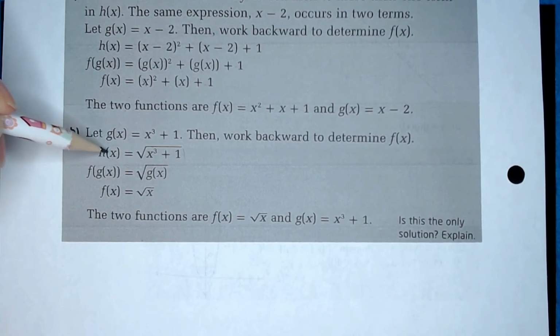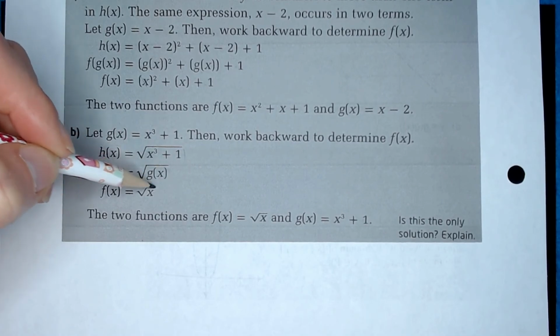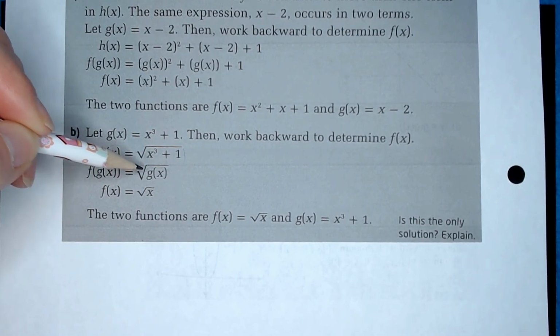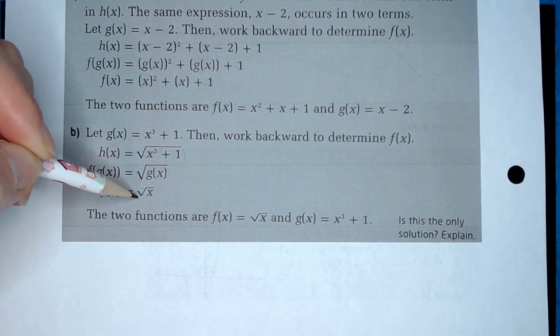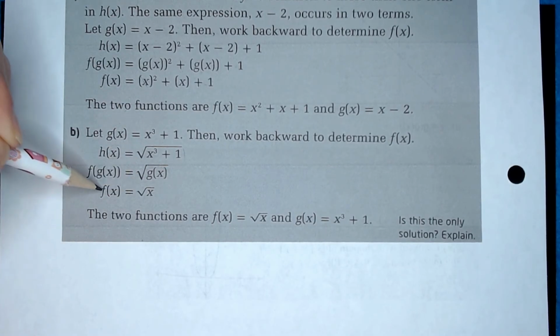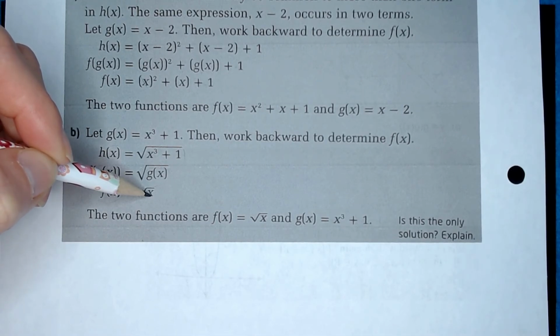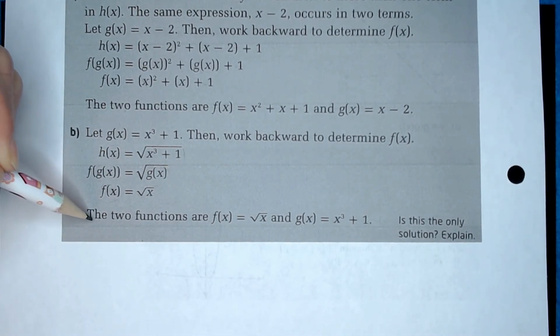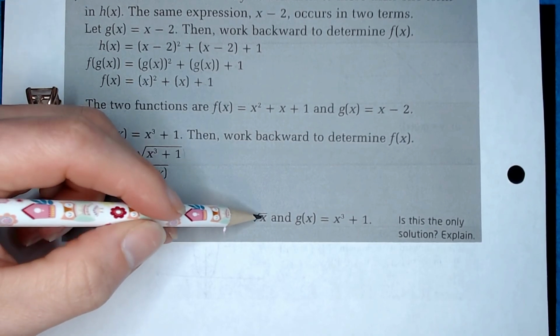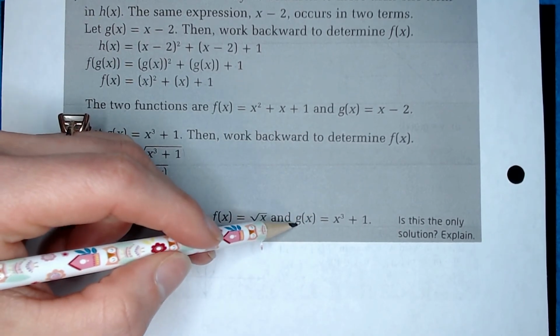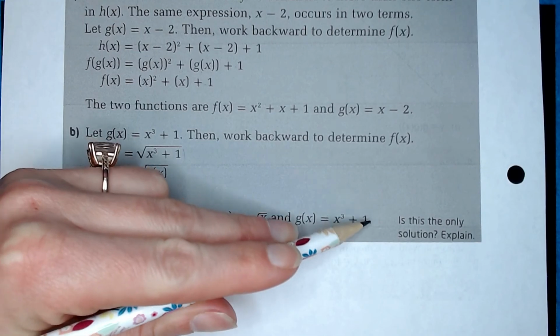So if h of x is equal to root x cubed plus 1, and we know that g of x falls under the radicand, then we know that f of x must be equal to root x. So when you get to the end of this, you'll have the two functions. f of x is equal to root x, and g of x is equal to x cubed plus 1.